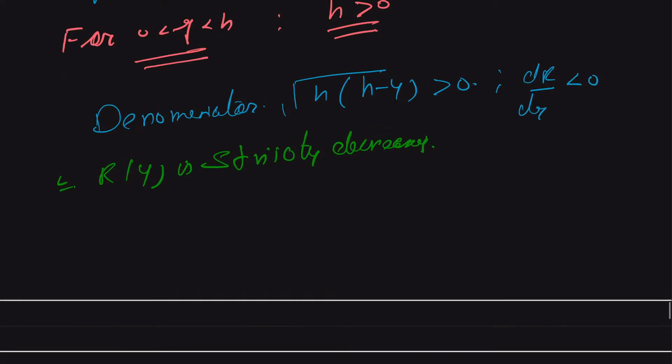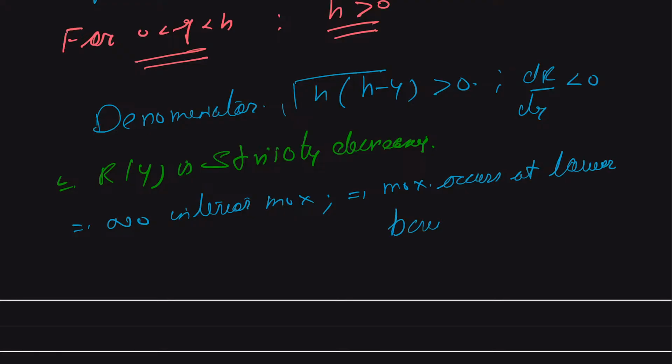And therefore from here we can draw a conclusion that our r of y is strictly decreasing, but there is no interior maxima, and because of that we can say that our maxima occurs at the lower boundary, which is our basic property of maxima and minima.